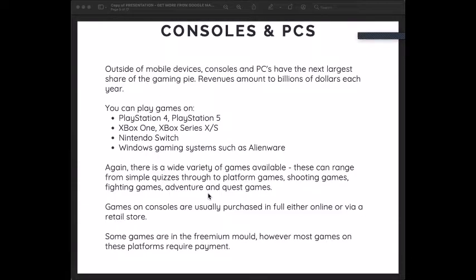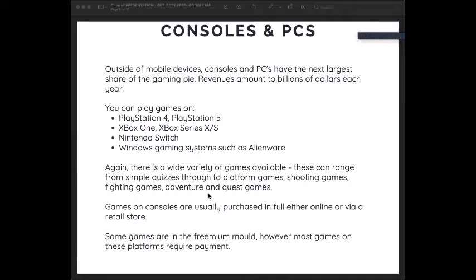Now with your consoles and PCs, you can play games on your PlayStation 4, your PlayStation 5 of course, the Xbox consoles, the Xbox One, and the new consoles from Microsoft, the Xbox Series X or Series S. Now, if I find that hard, I can understand if some other people struggle. It's been a really weird thing with Microsoft and the marketing this time around and naming their consoles.